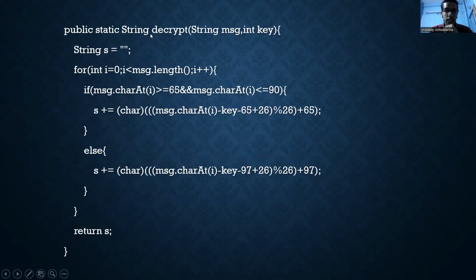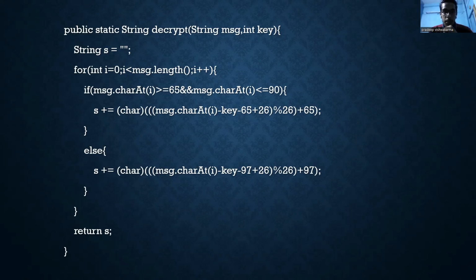So this is my decrypt method. Here I am taking a string message. Now we have the encrypted string, which we are storing in the main method, so we are passing the encrypted string and a key. Then we make an empty string and traverse each character of the string. Then we check whether the character is upper or lower.